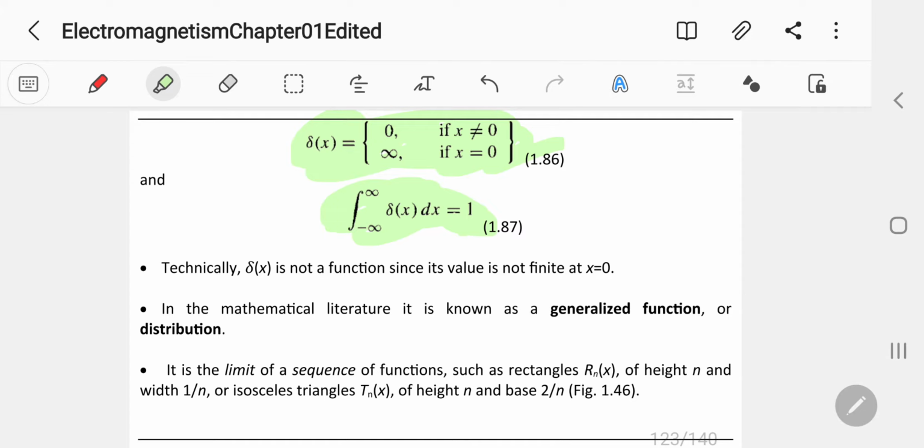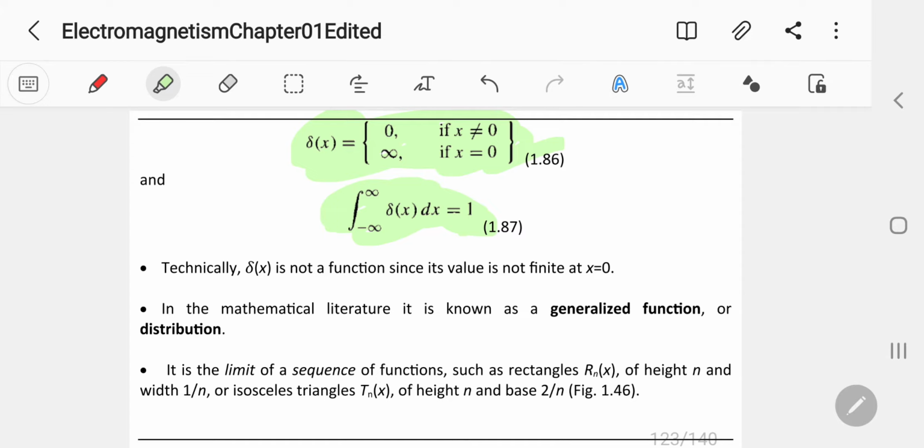There's a note that delta x is not a function since its value is not finite at x equal to 0. Mathematically, it is called a generalized function or distribution.